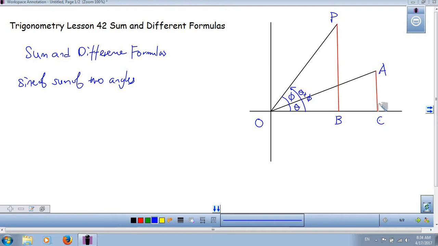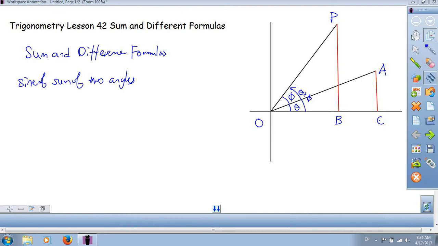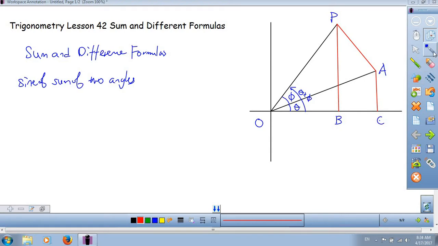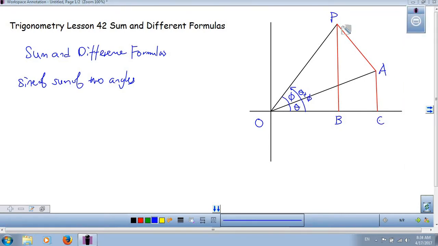AC is the opposite side of theta, OC is the adjacent side of theta, and AO is the hypotenuse of theta. Now I need to have another segment connected here from P to A.